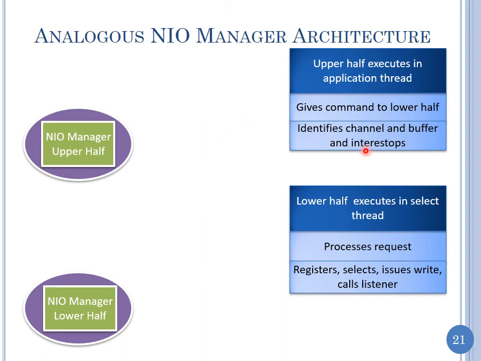The lower half goes and actually registers the interest ops, really goes and connects the interest ops to the channel and selector, because we remember these are not thread safe operations. So this is the one that actually goes and calls the appropriate method of the selector or on the channel to go and do this binding. So it's the one that processes the request and then calls the listener.